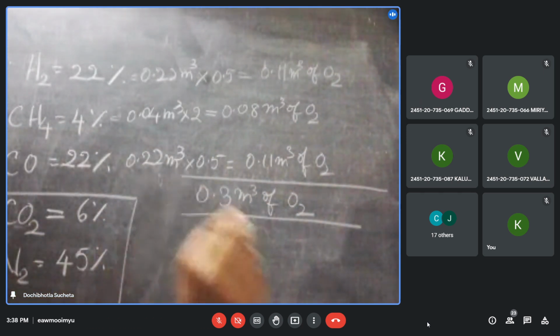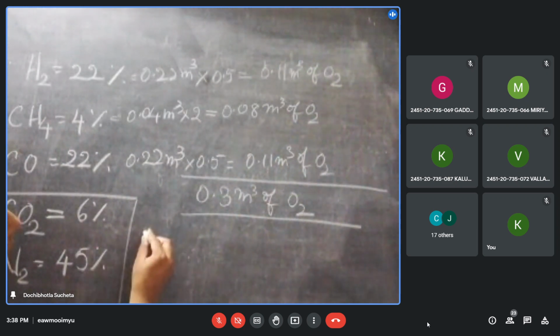Because excess of air is given in this numerical, how to start writing the calculation?